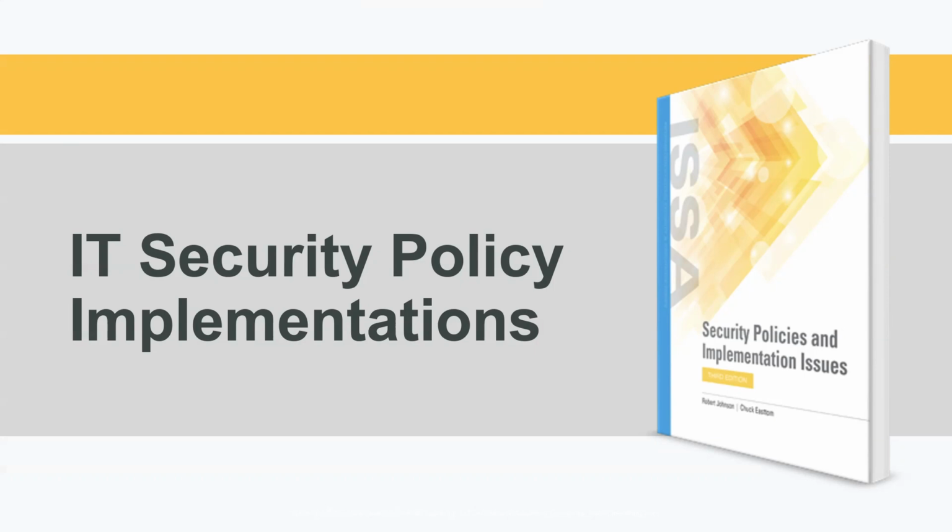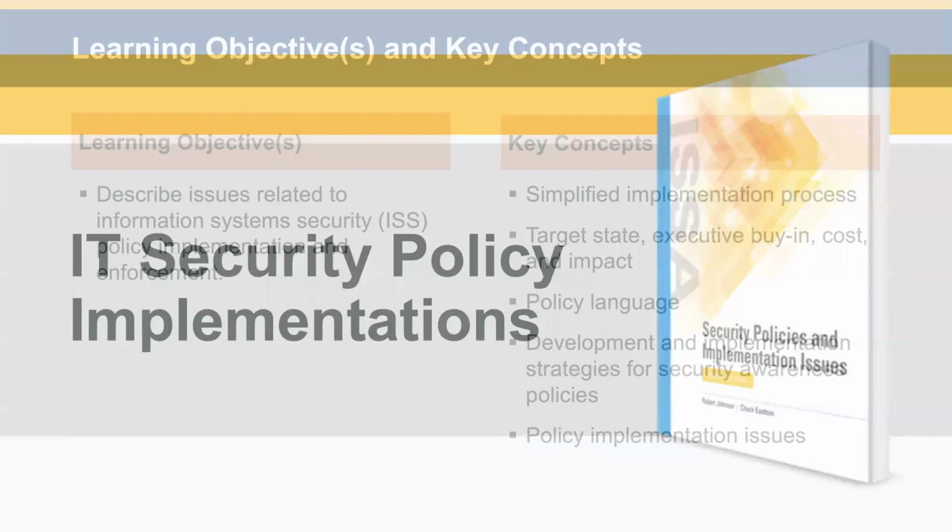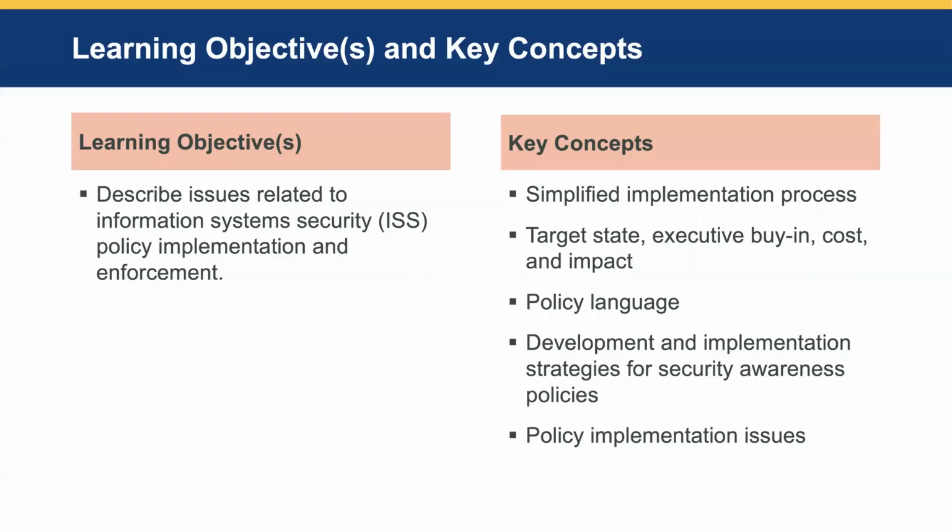In this lesson, we're going to focus our attention on understanding processes required for implementing IT security policies. There are a couple of different things we want to focus on. Specifically, we're going to focus on understanding ways in which we can describe issues related to information systems security policy implementation and enforcement.